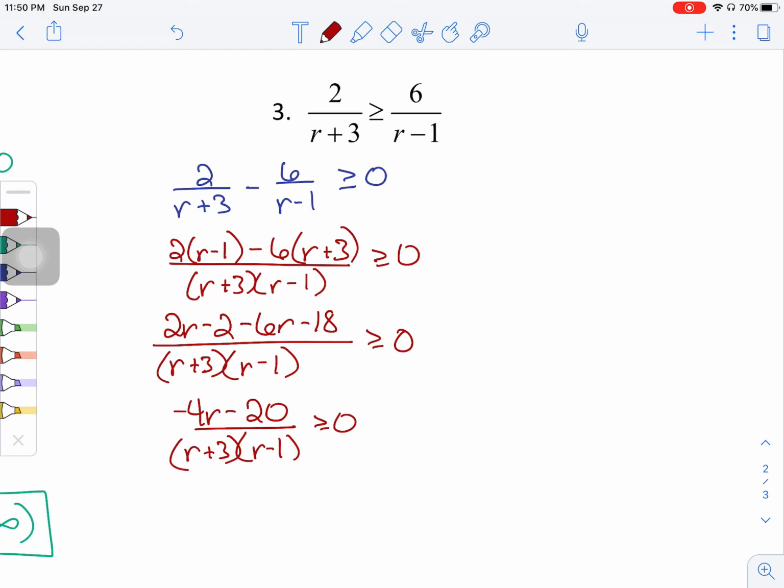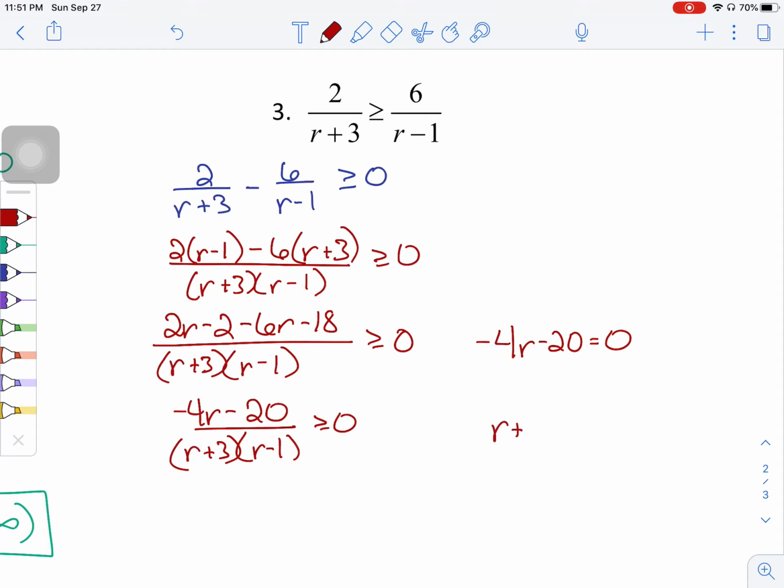Every factor in this problem is going to give you a critical value. So your numerator, and I'm going to go ahead and put this off to the right side, I have plenty of space over here. So your numerator here, -4r minus 20, is going to give you 1 critical value. So I'm going to set that equal to 0.